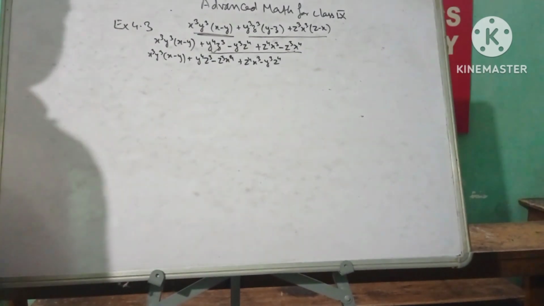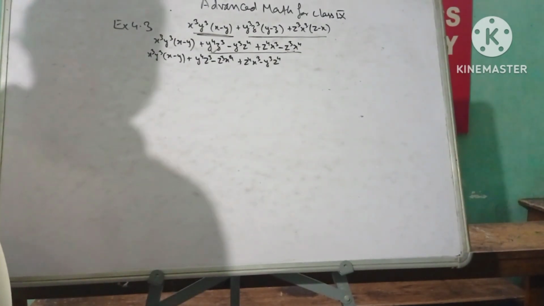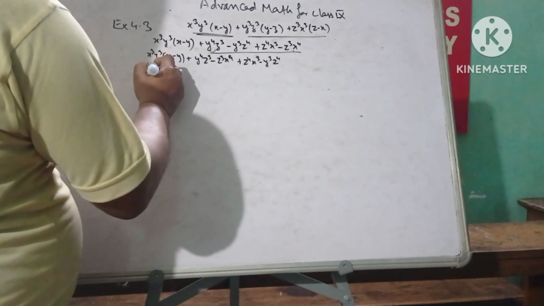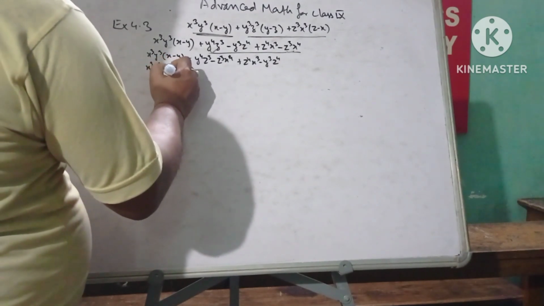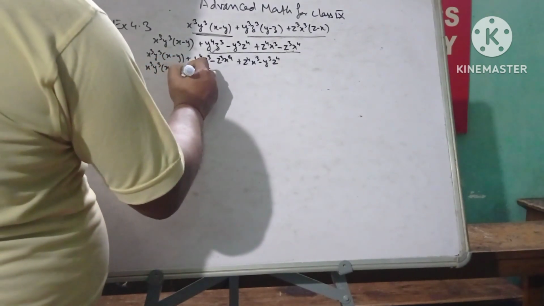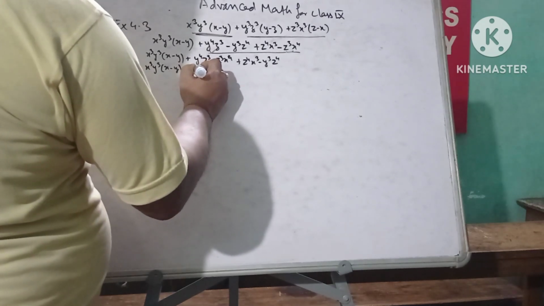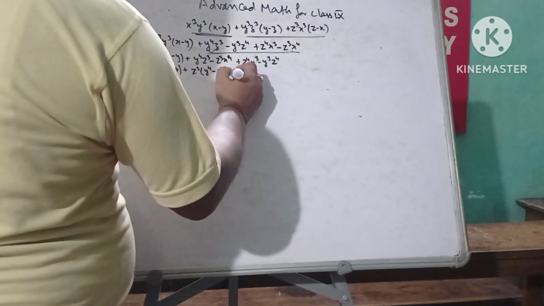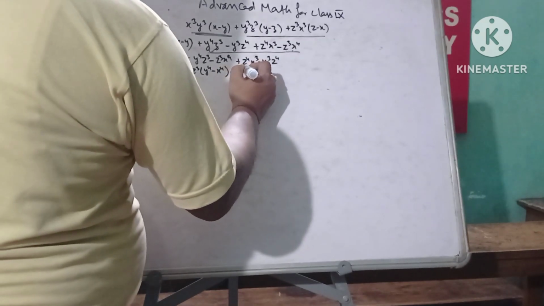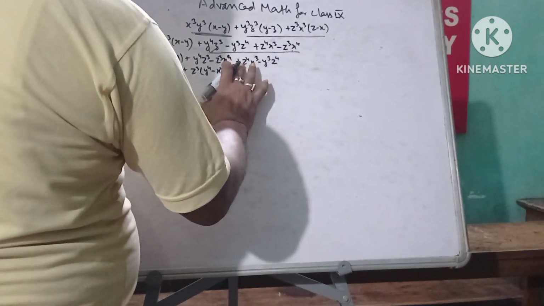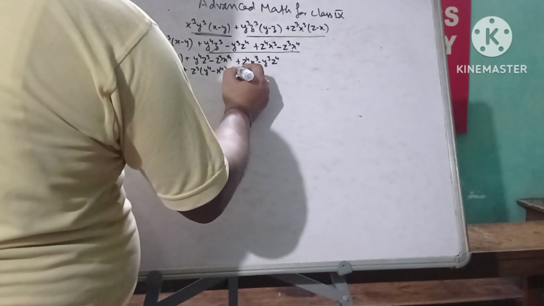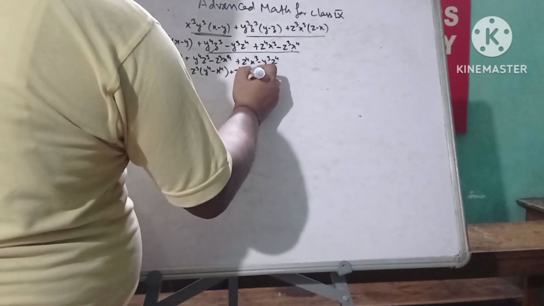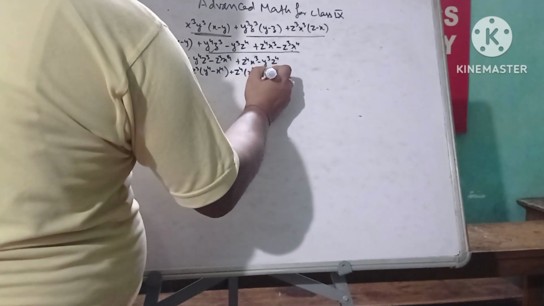Here you see. Now here again, x cube y cube (x minus y). Here I am going to take z cube common, so y^4 minus x^4, and here I am going to take z^4 common, so this will be x cube minus y cube.